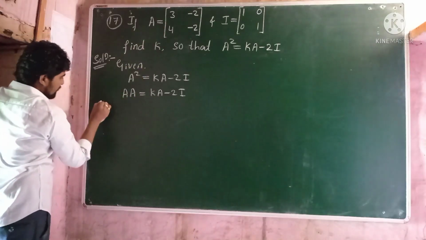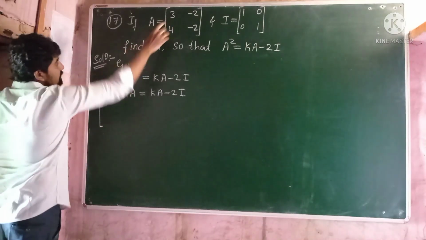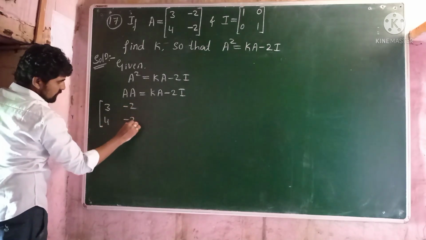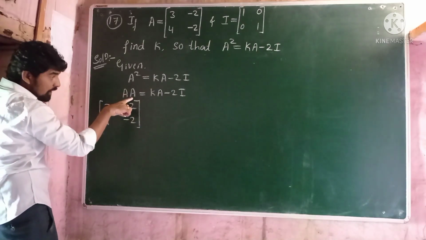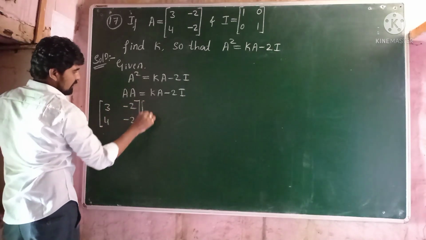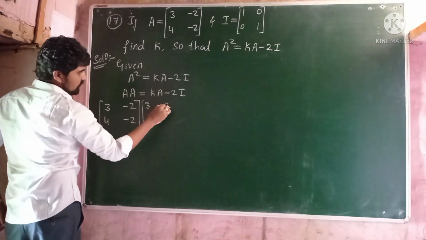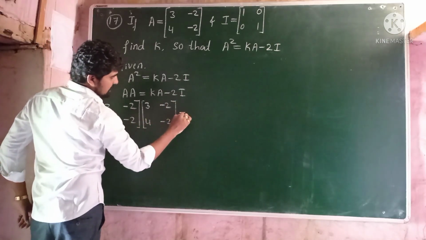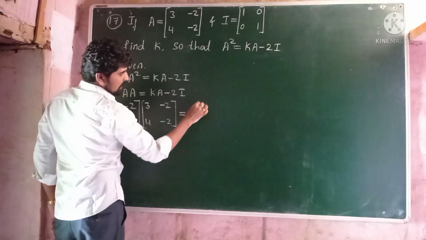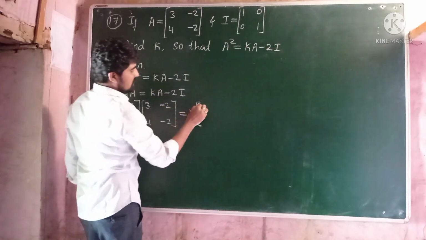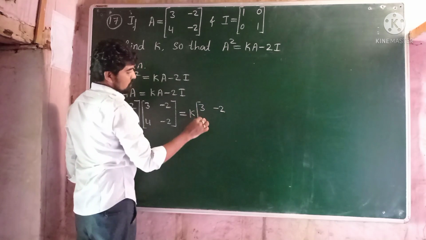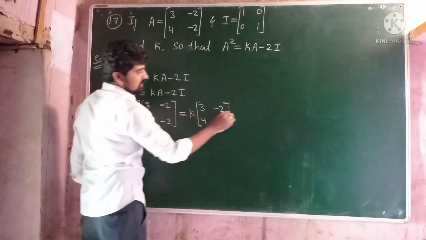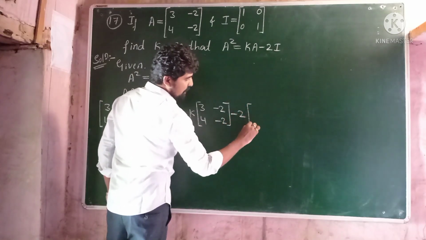Now matrix A is given by 3 minus 2, 4 minus 2 into A, again matrix A, 3 minus 2, 4 minus 2, is equals to k into matrix A, which is 3 minus 2, 4 minus 2, minus 2 into I matrix.